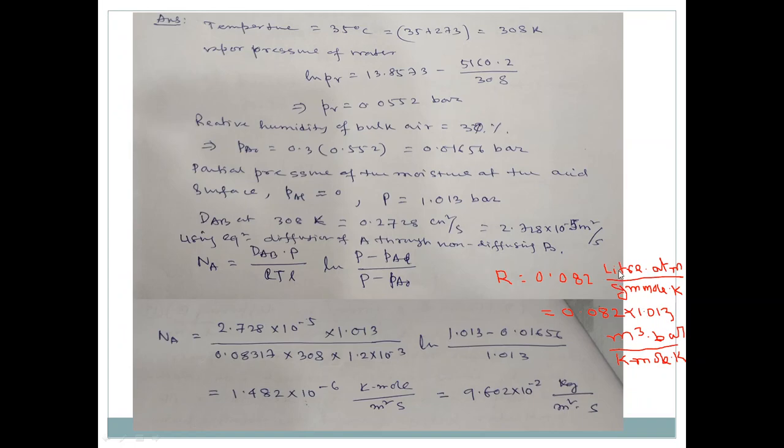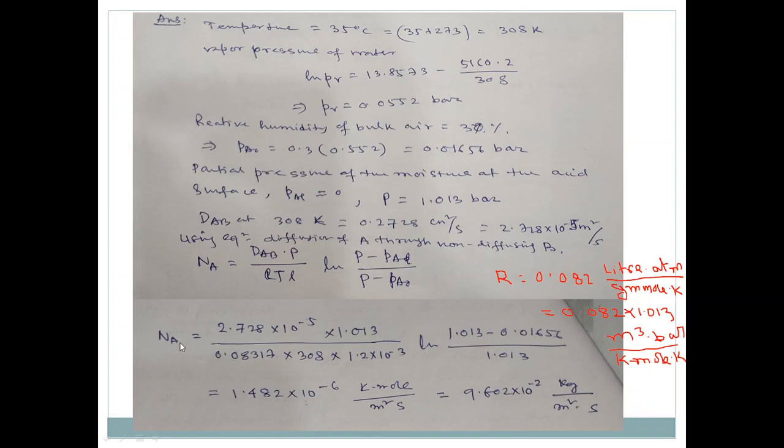Now 1 liter equals 1 decimeter cube. Decimeter cube to meter cube gives 10 to the power 3 multiplication, and gram mole to kilomole again 10 to the power 3. So this 10 to the power 3 will cancel out. Then if you make this calculation, this will be your answer.